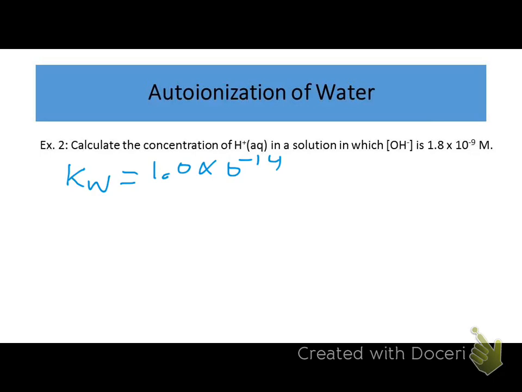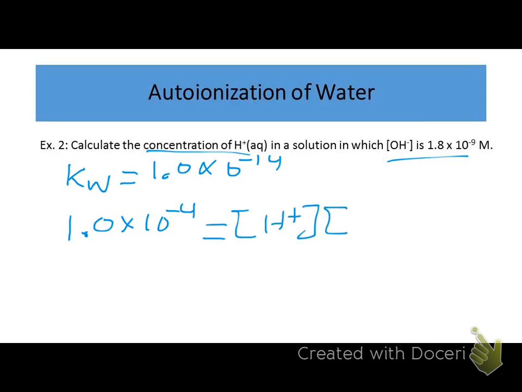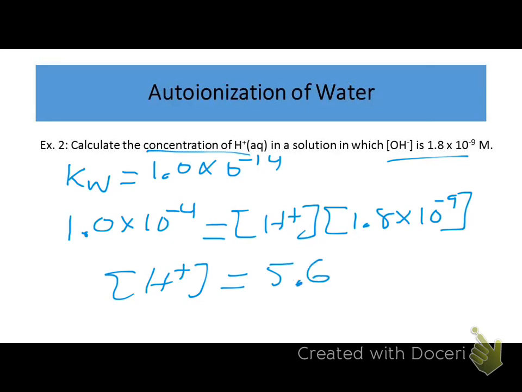So if we plug in our hydroxide concentration, we should be able to find the H plus concentration by taking 1.0 times 10 to the minus 14 is equal to the H plus concentration times the hydroxide concentration. And that means the H plus concentration, once we solve for this, should be 5.6 times 10 to the minus 6 molar. And you should be able to verify that by doing the mathematics.